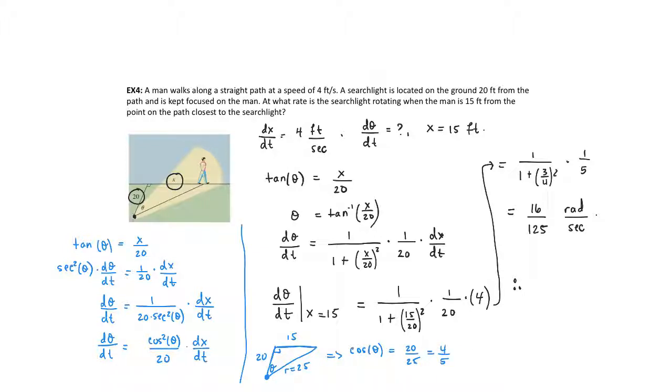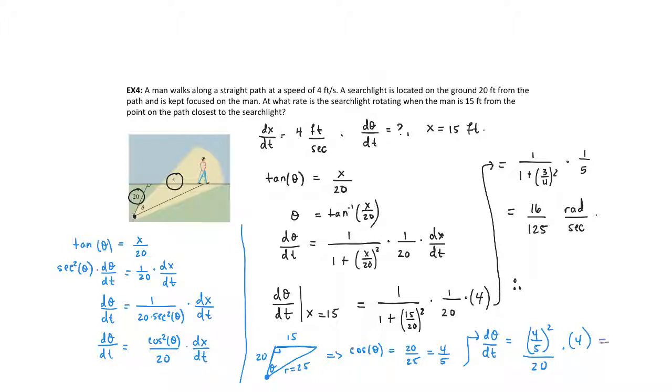So by having that value, I can go back to my previous expression, and I will have that d theta by dt is equal to cosine squared. So cosine squared in this case, 4/5 squared, divided by 20, times dx by dt, which is equal to 4.